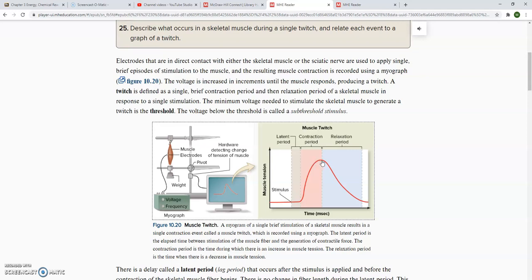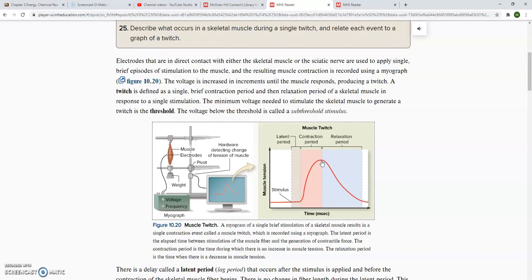We only stimulated it once, so we don't have a further action potential coming along the sarcolemma. Since we don't have that action potential running down the transverse tubules, the calcium channels will close, and any calcium that's left in the sarcoplasm will be pumped back by active transport into the sarcoplasmic reticulum.